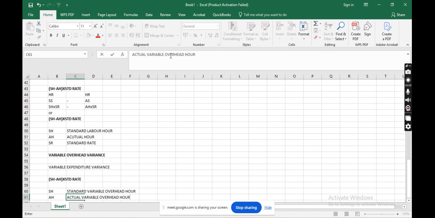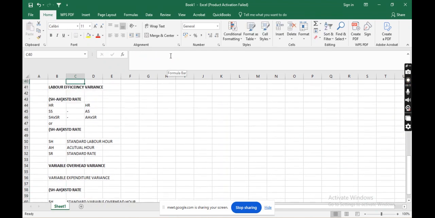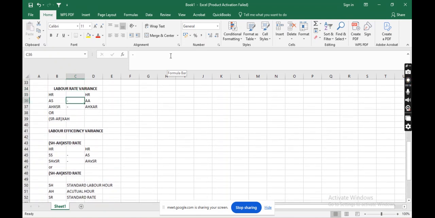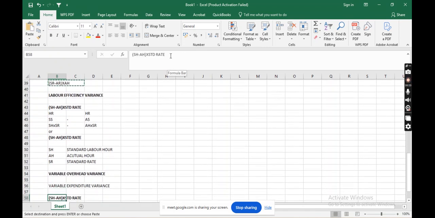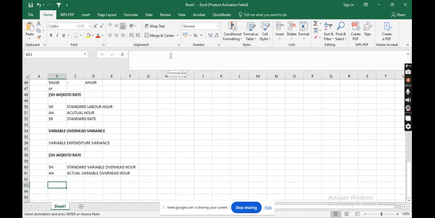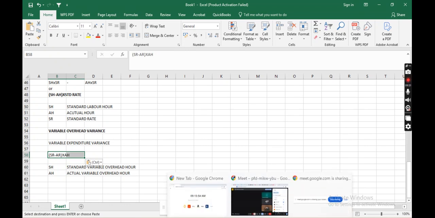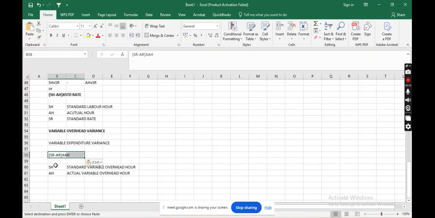Which one am I using? Okay, I'm coming. This is efficiency. It's supposed to be rate, and you guys did not correct me. I said the expenditure is like rate, right? So it's supposed to be standard rates. I used efficiency for rates. Okay?